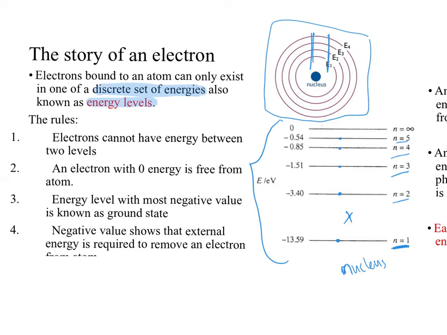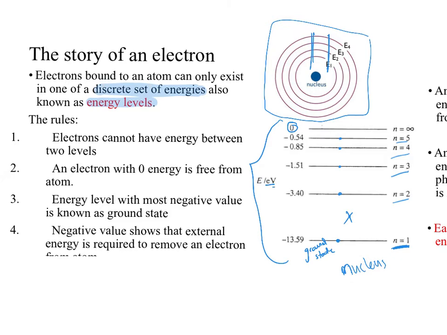Now, an electron with zero energy is free from the atom. So at this level, whatever electron goes beyond that will escape from the atom. And the energy level with the most negative value is known as the ground state. So this is the ground state, once again the one closest to the nucleus.